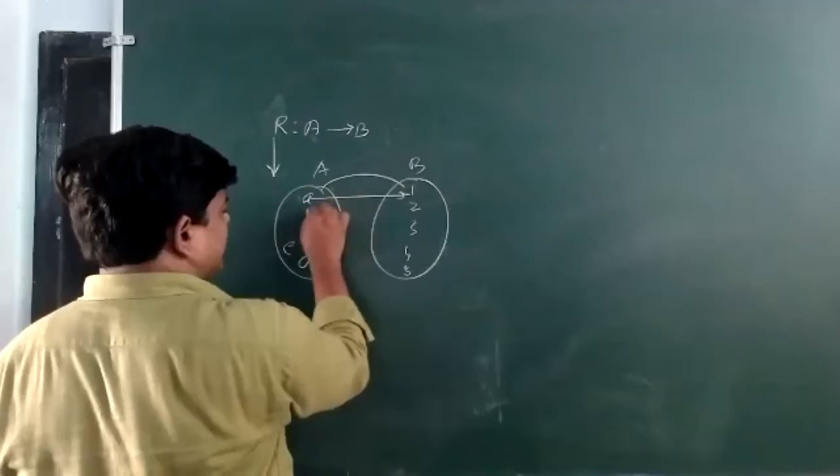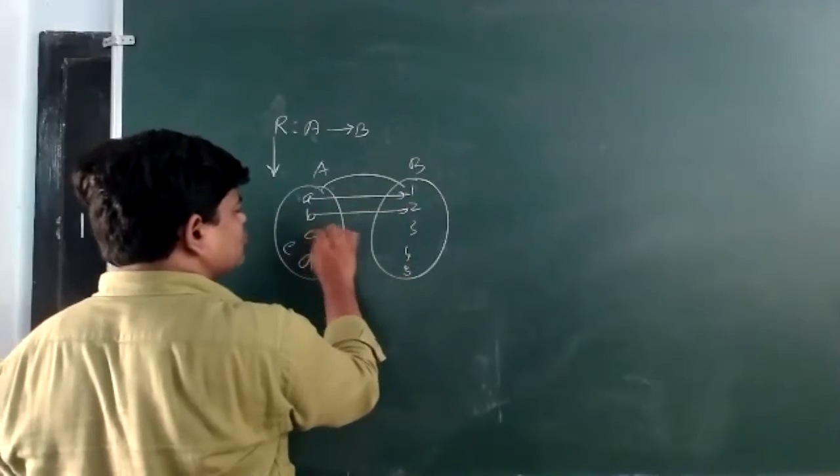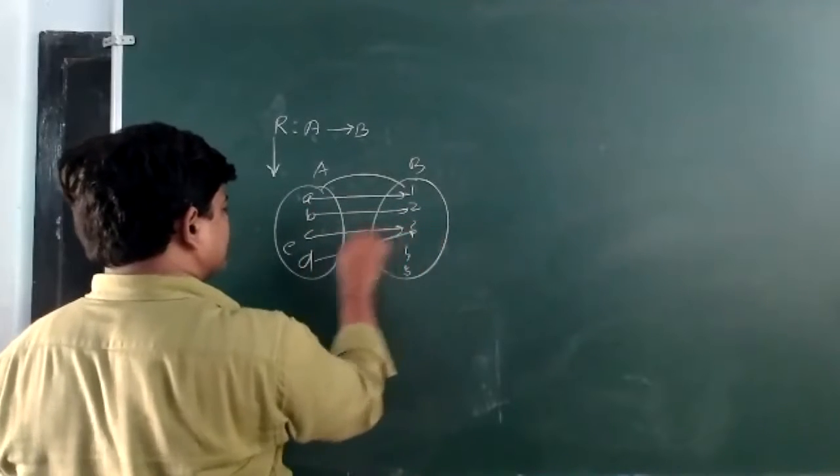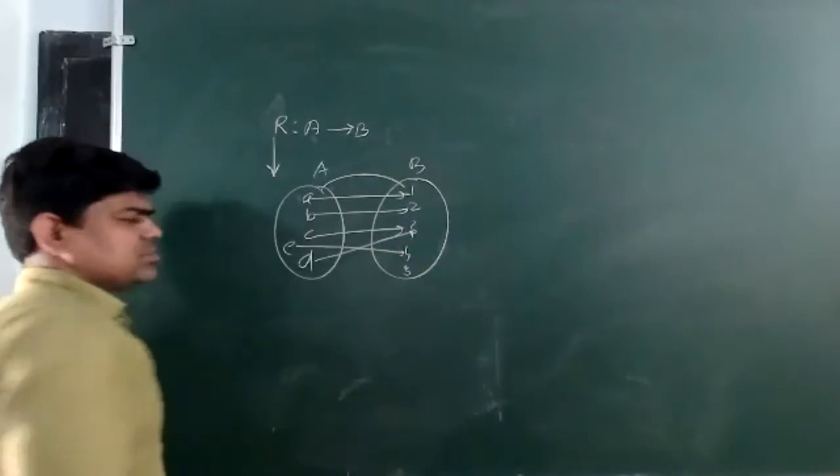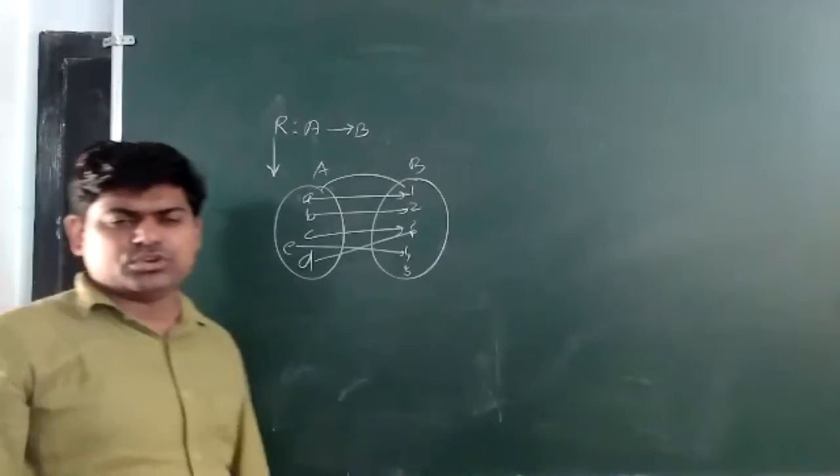Every element of A should have a unique image in B. This is called uniqueness.